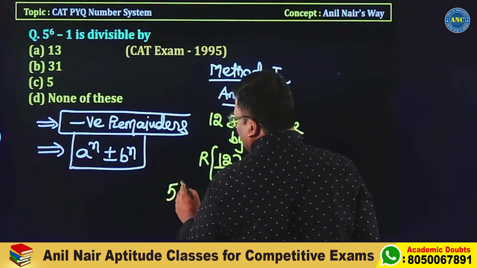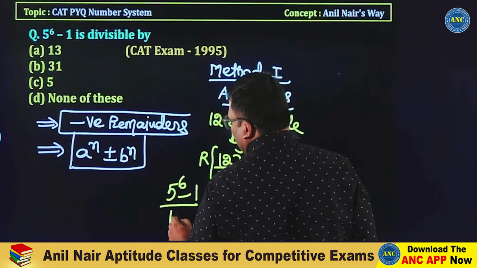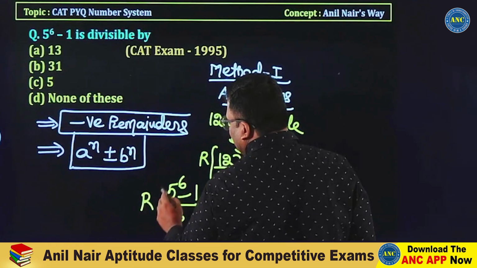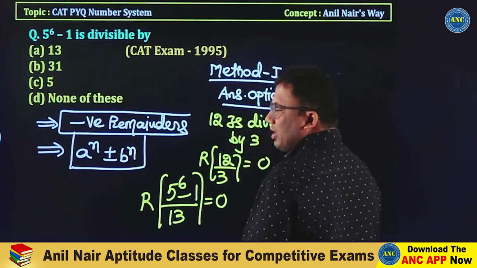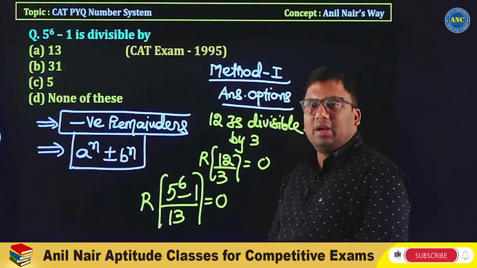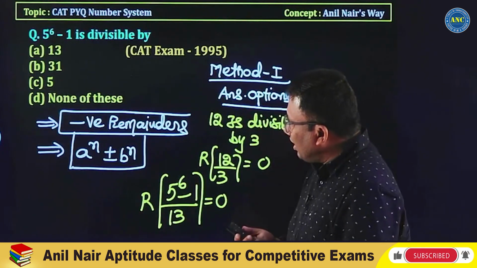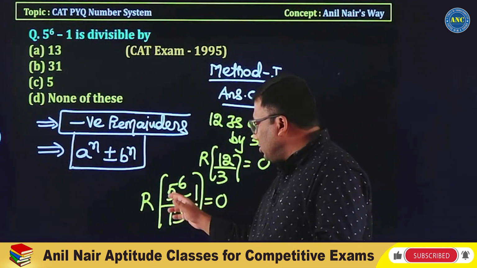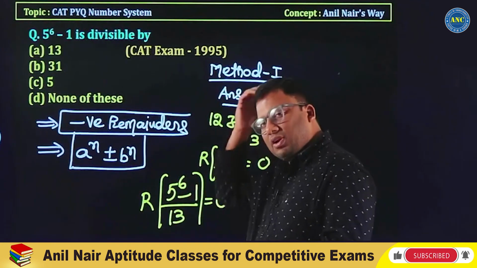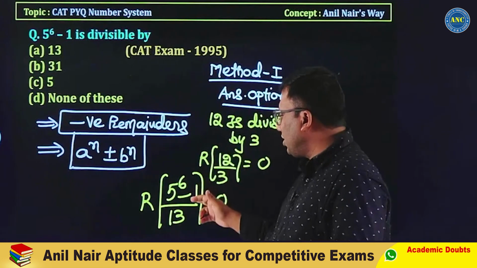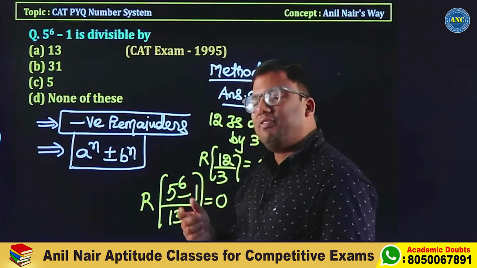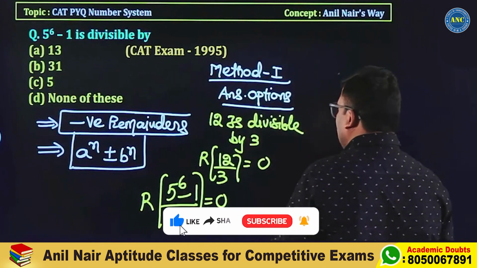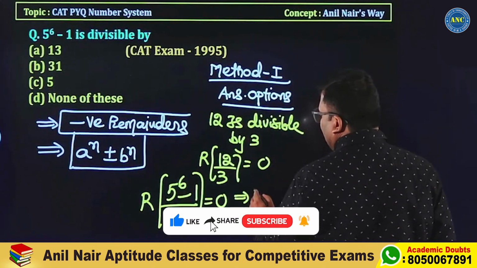5 power 6 minus 1 when divided by 13. If I get the remainder 0, then 5 power 6 minus 1 will be divisible by 13. Which power of 5 when divided by 13 will give plus 1 or minus 1?